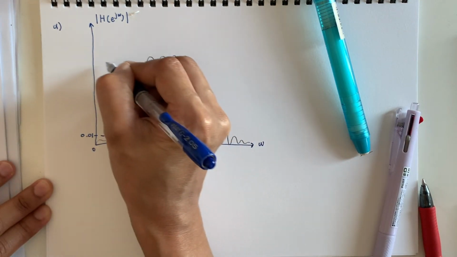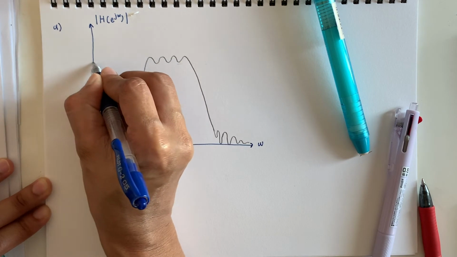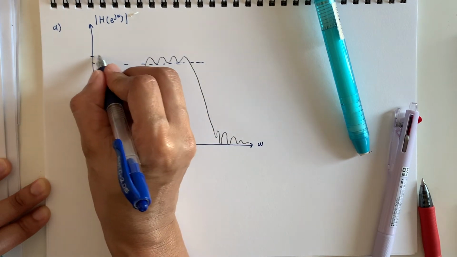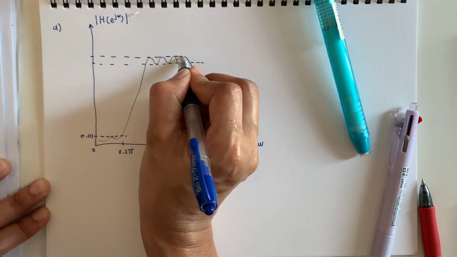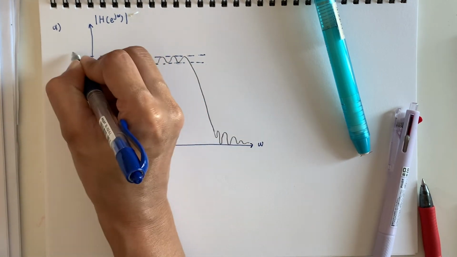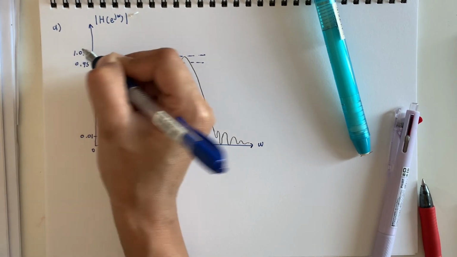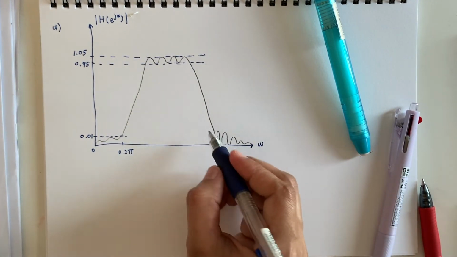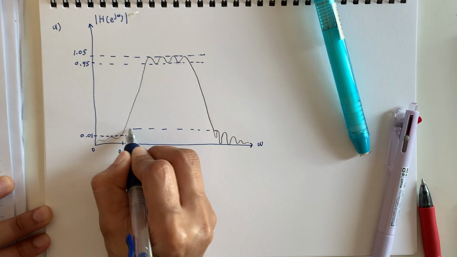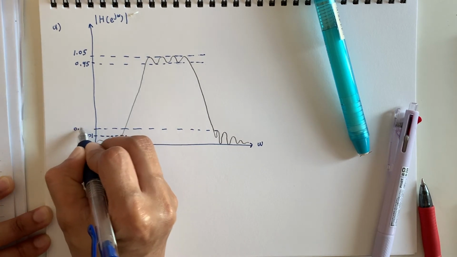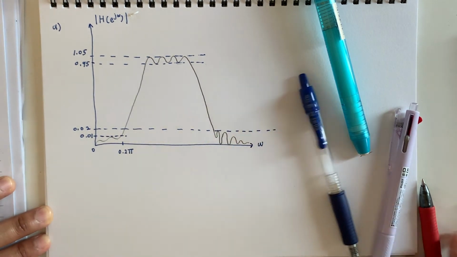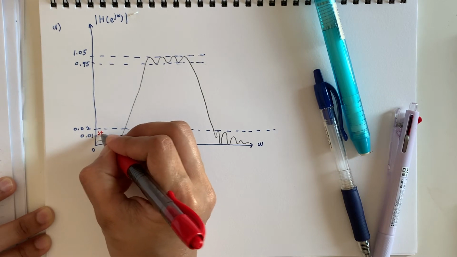Next, our passband. It is better if you use your ruler; I don't have a ruler, so I just assume. The first magnitude is at 0.95, the second at 1.05, and then we have our second delta S, which is at 0.02. Don't forget to write down that this is our stop band.